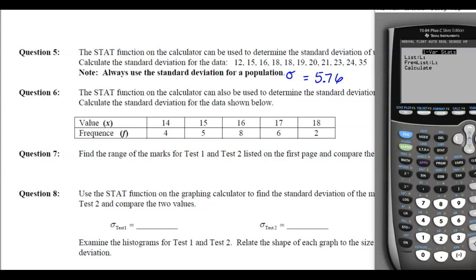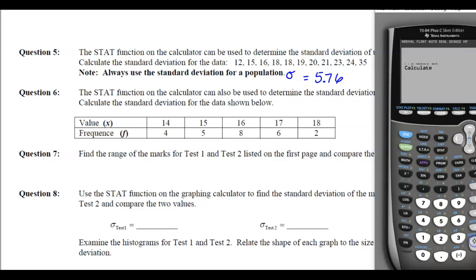Very common mistake on tests when we give something like this is students put both lists in, but here they don't put the frequency in. So it's just going to calculate every property of just these values here, if you don't do that.